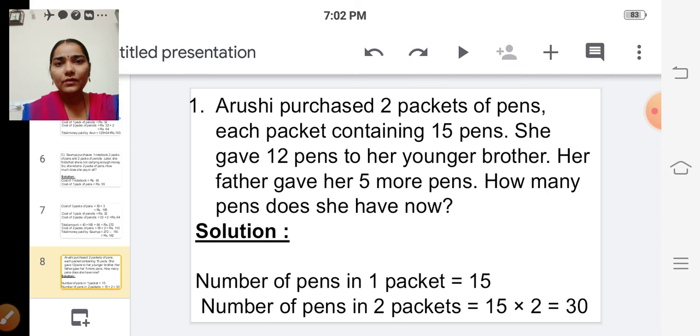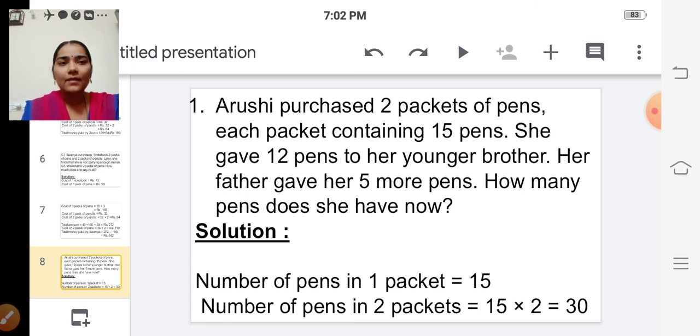So in the first step we have to find out the total number of pens in 2 packets, and in the second step we have to subtract these 12 pens from the total number of pens.